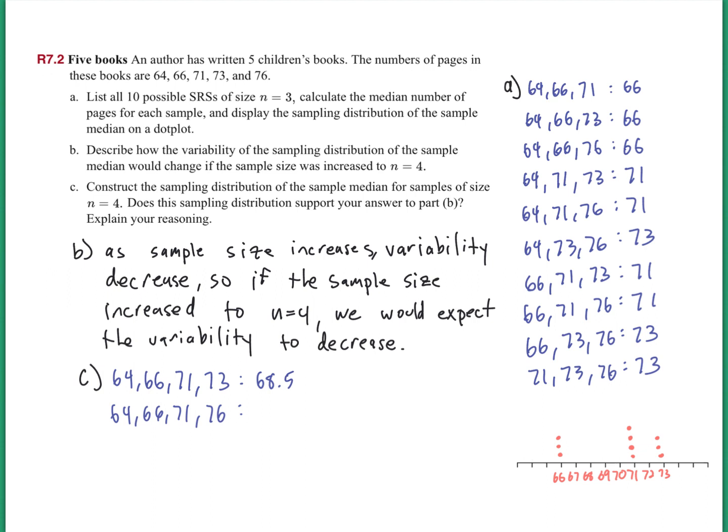Okay, so the average of those is the same thing. Okay, next one. Leave out 71. Okay, the average of those is 69.5.